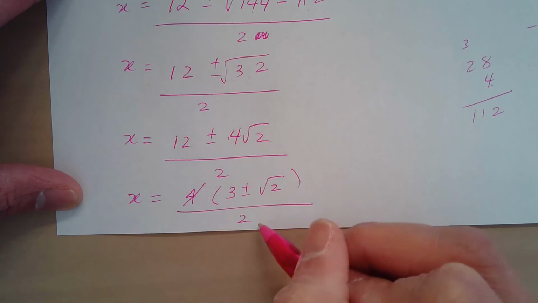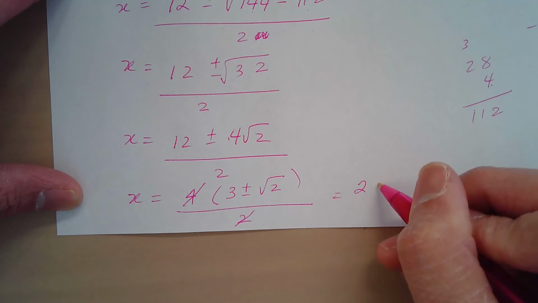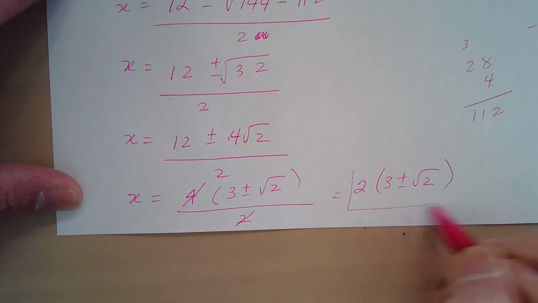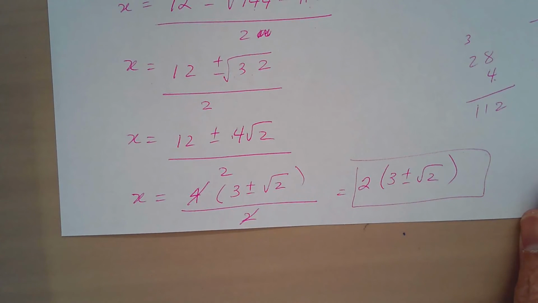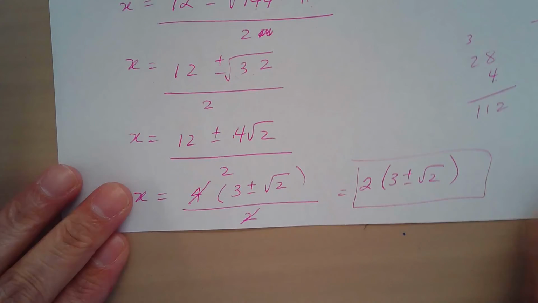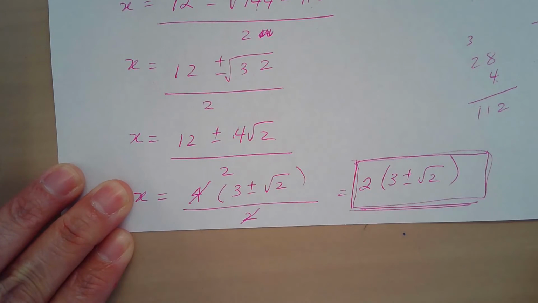Okay, there's a common factor of 2, so it's going to be 2 times 3 plus or minus root of 2. So, yeah, it's not a pretty number, it's an irrational number, and whatever that decimal value is, that's our solution.